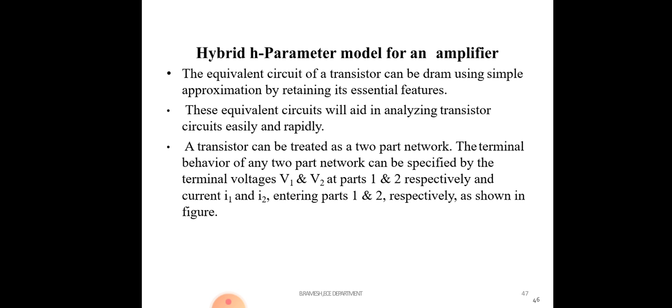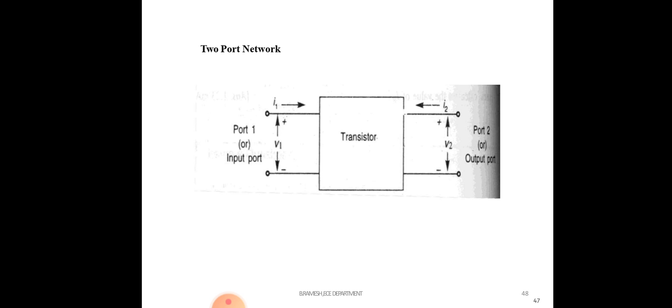The terminal behavior of any two-port network can be specified by the terminal voltages V1 and V2 at ports 1 and 2 respectively, and currents I1 and I2 entering ports 1 and 2 respectively, as shown in the figure. So this is a two-port network structure.